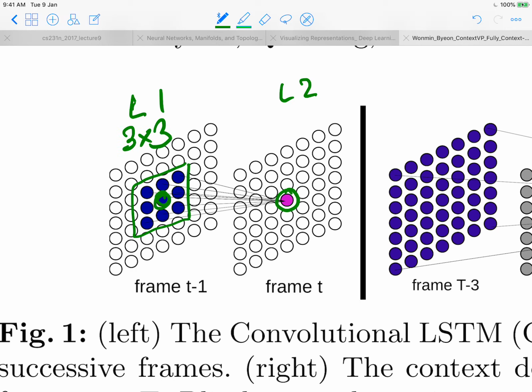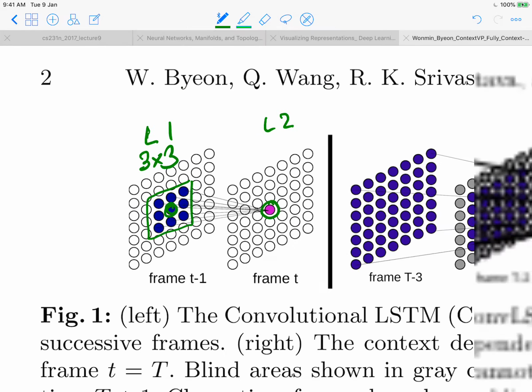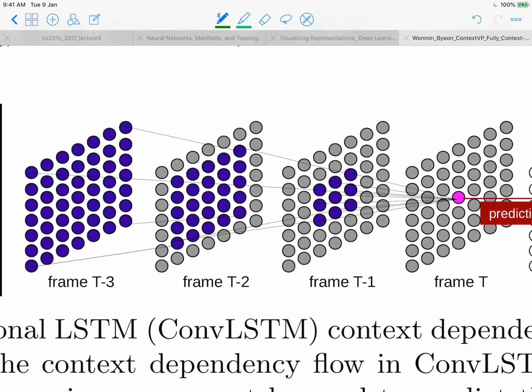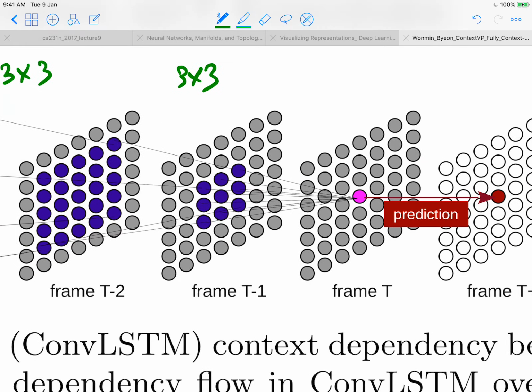But what if we stack another layer, like this? Let's consider a 3 by 3 and 3 by 3 convolution. Suppose this is our input image.